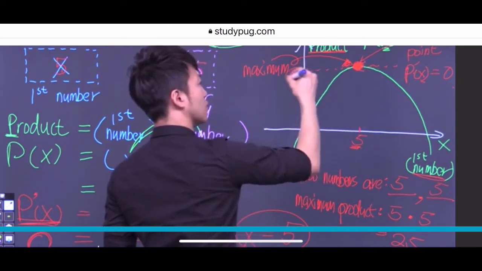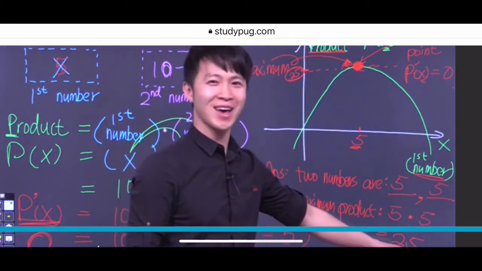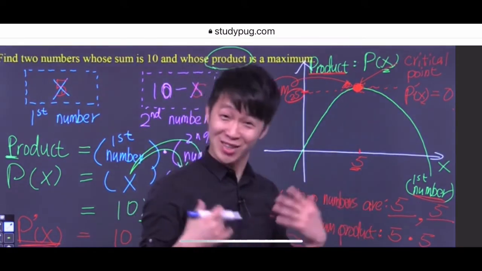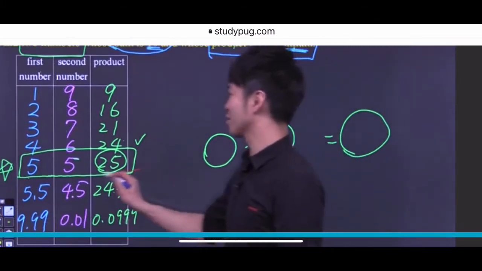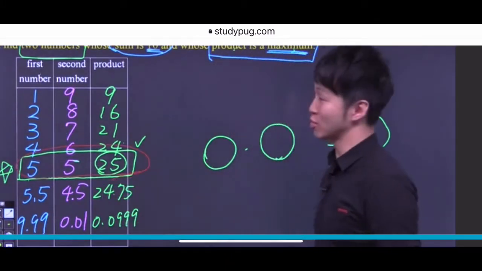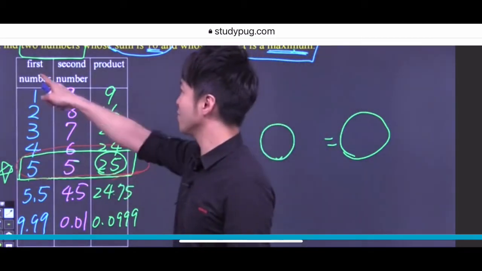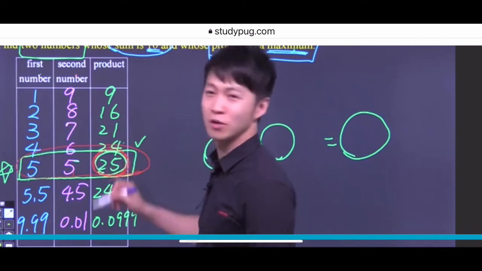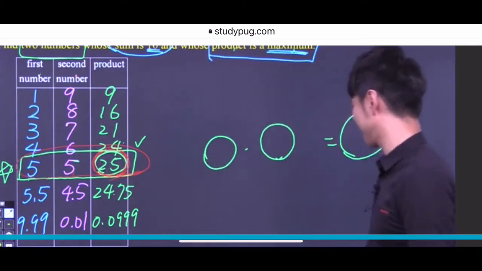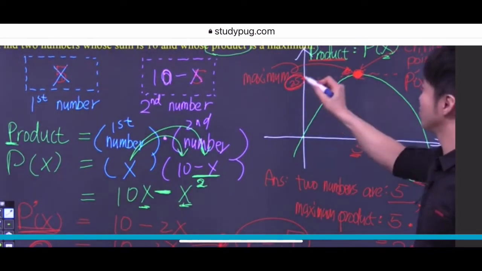As it turns out, our prediction was in fact correct. The two numbers 5 and 5 will give us a maximum product of 25.